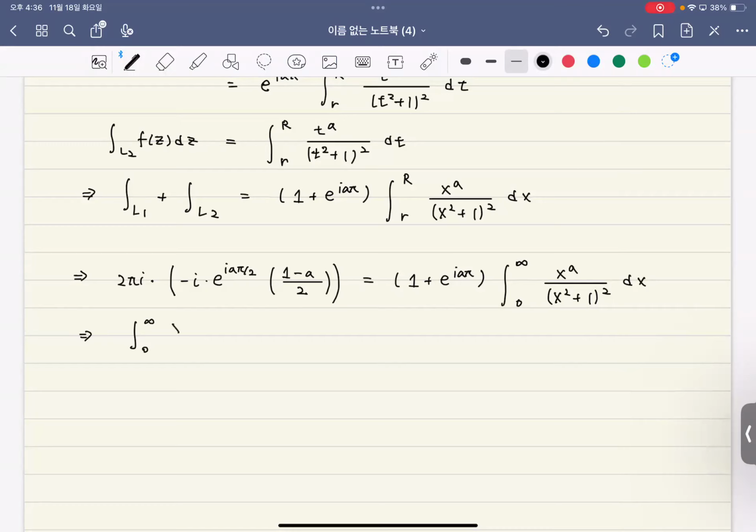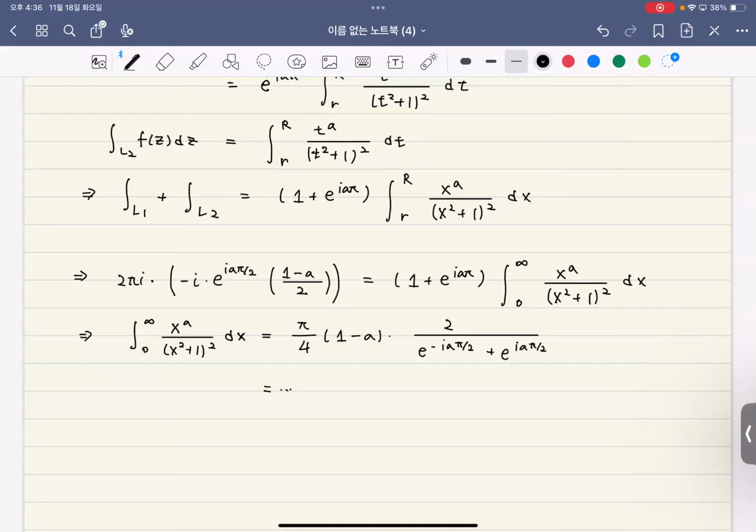You solve this equation and equate for this integration, and it turns out that this number is pi over 4 times (1 minus a) times 2 over (e to the minus i a pi over 2 plus e to the i a pi over 2).